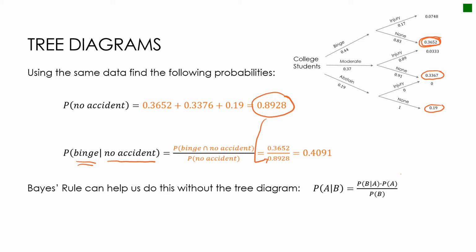Bayes' rule, which is another way essentially for us to figure out a conditional probability, can help us to do this without a tree diagram.